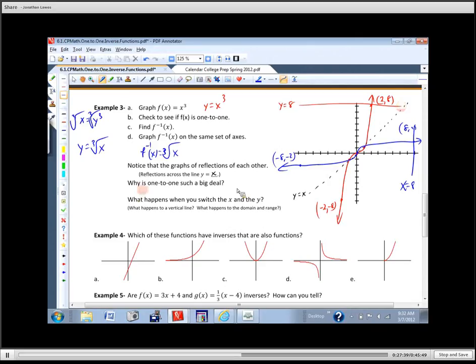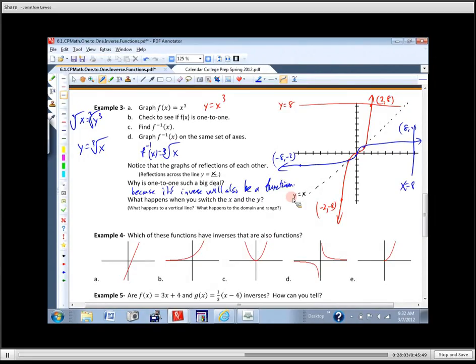So why is 1 to 1 such a big deal? Because its inverse will also be a function. Because if the original one passes the horizontal line test, its inverse will pass the vertical line test.